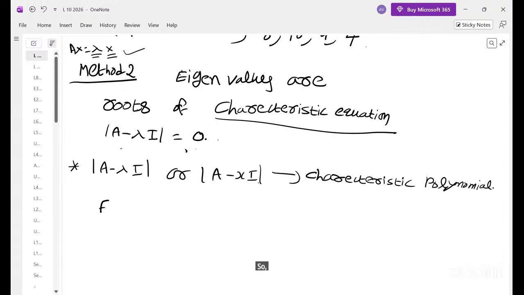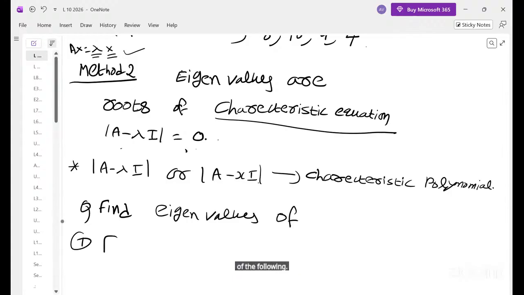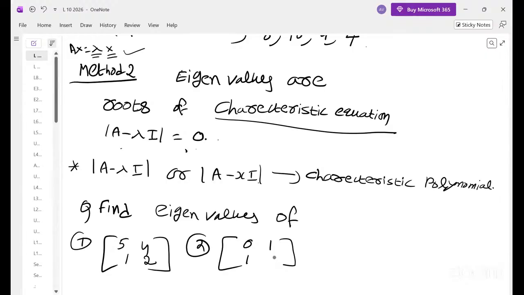So find eigenvalues of the following. First one, 5, 4, 1, 2. Number 2, 0, 1, 1, 0. Number 3, 0, 0, i, minus i.